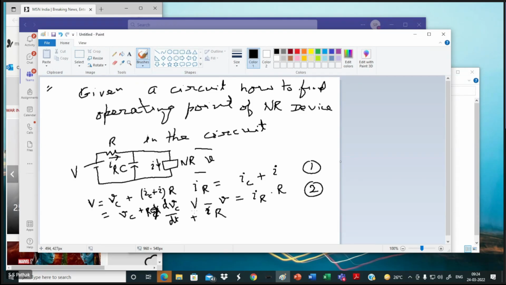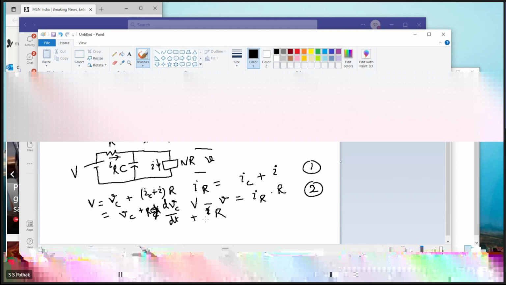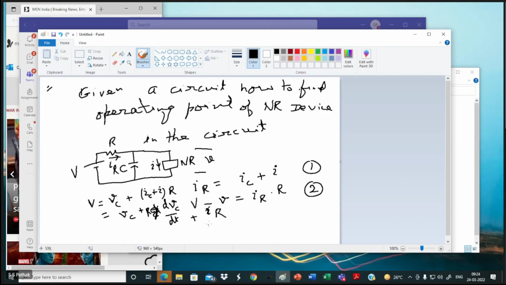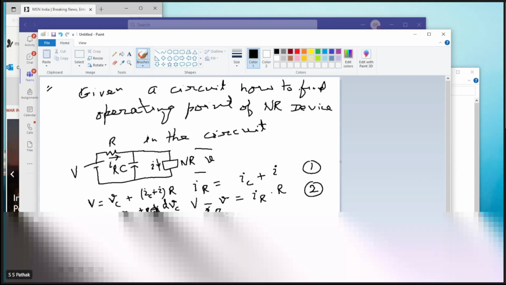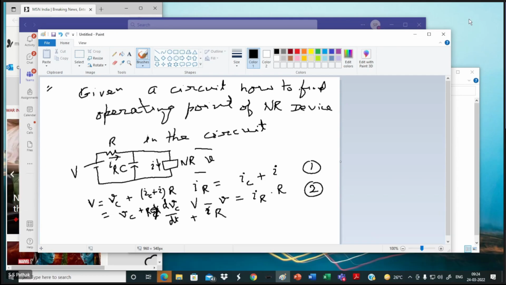So this VC dVC by dt, here is your IR. And V minus VC is your IR into R. V minus VC. I'm dropping that. Let me see, I'm missing something.